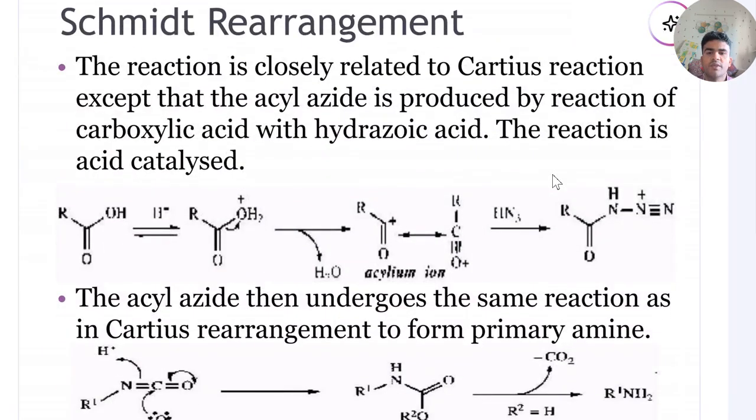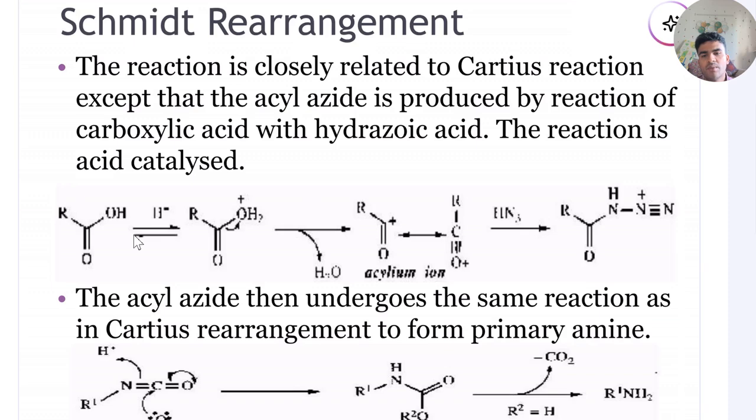Next, the Schmidt rearrangement. The reaction is closely related to Curtius reaction except that the acyl azide is produced by the reaction of carboxylic acid with hydrazoic acid.